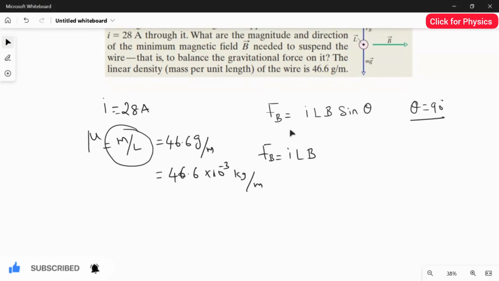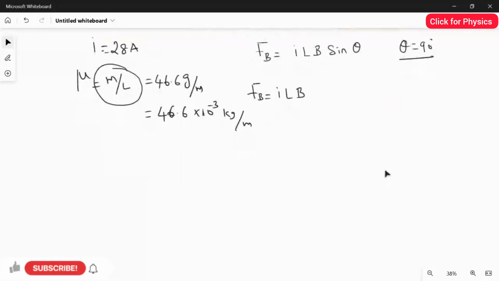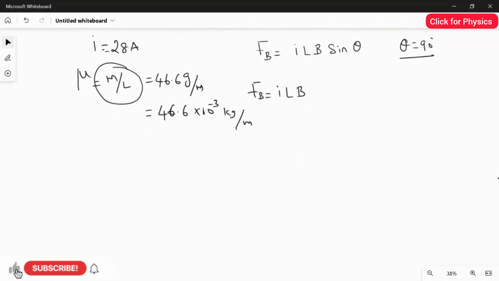Now here FB is equal to mg. So in this equation, in place of FB I am going to use mg. So mg is equal to ILB. Clear? Now we are going to find the magnetic field, so I have to rearrange this equation in terms of magnetic field.